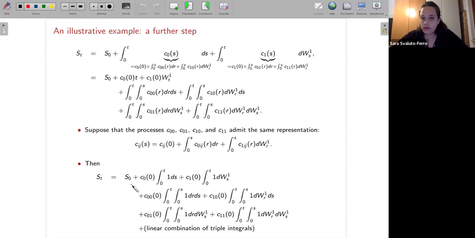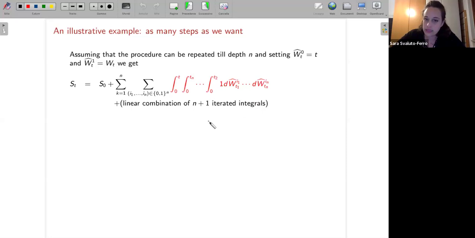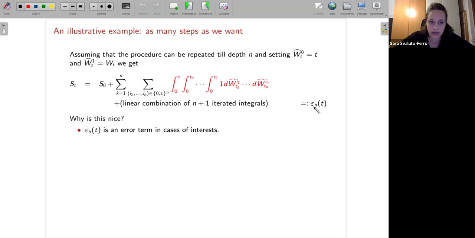And you can do it as many times as you want, which means that if I can do this n times, at the end I will have S0 plus a linear combination of iterated integrals from level 1 up to level n. Whatever remains is iterated integrals of depth n plus 1, which I call epsilon n.